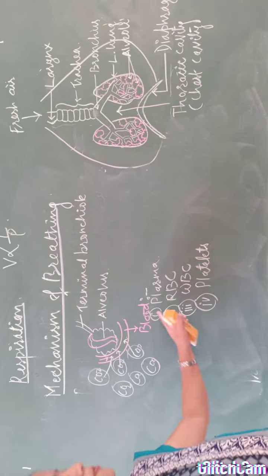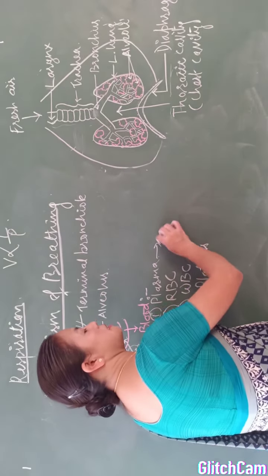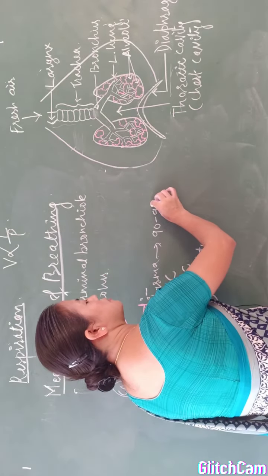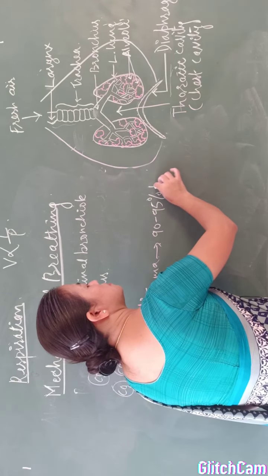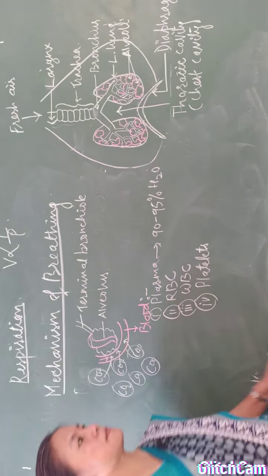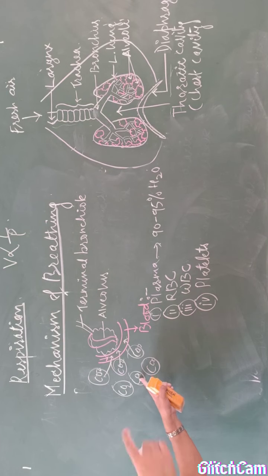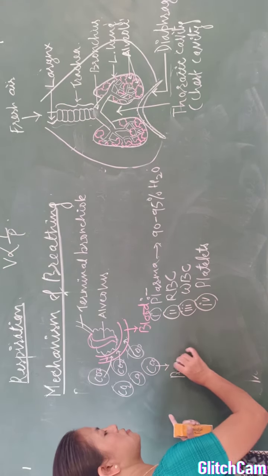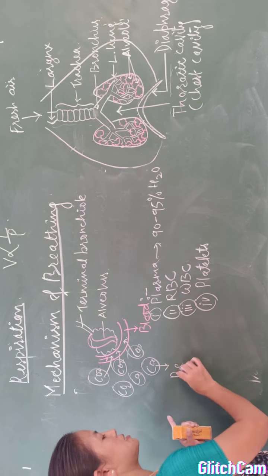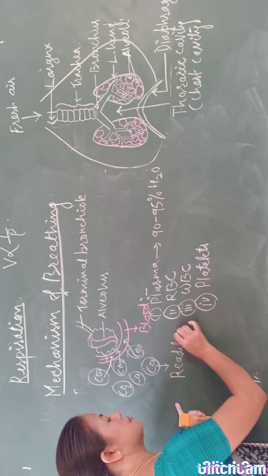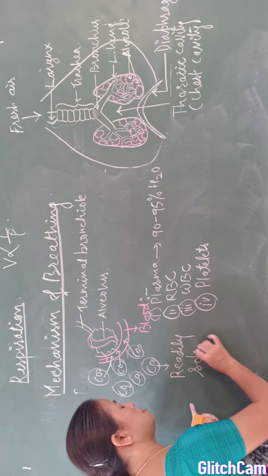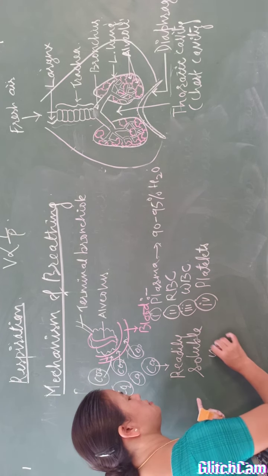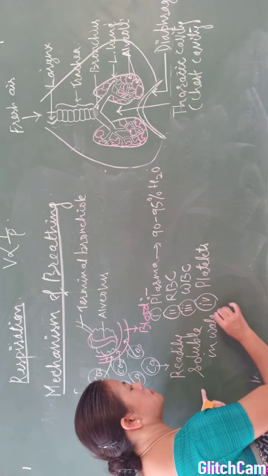Now, this plasma contains around 90 to 95% water, and carbon dioxide is readily soluble in water.